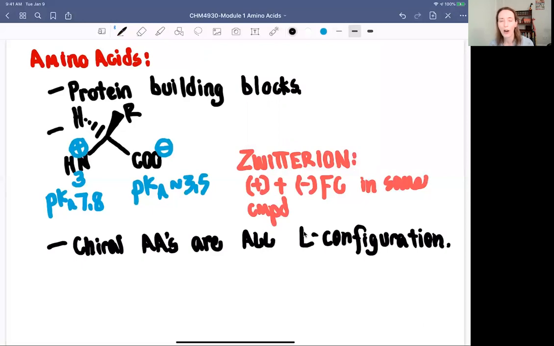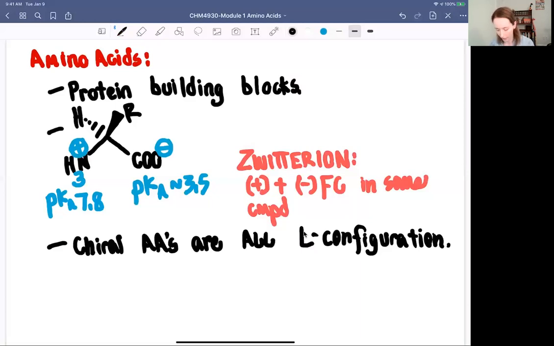Bacteria are sometimes capable of constructing cell walls that are made of D amino acids rather than L amino acids. But the bacteria have very specialized ways of creating those D amino acids within the cell, and the typical building blocks of most proteins that we see are going to be the L configuration. And that is going to have important implications about how the protein behaves.